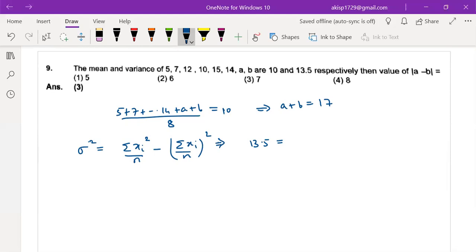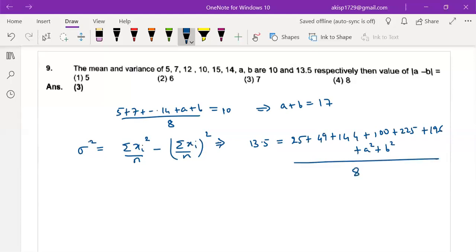So squares of individual numbers are 25 plus 49 plus 144 plus 100 plus 225 plus 196 plus a square plus b square. These by n is 8 only, minus the mean which we have already been given as 10. So 10 square, that is minus 100.